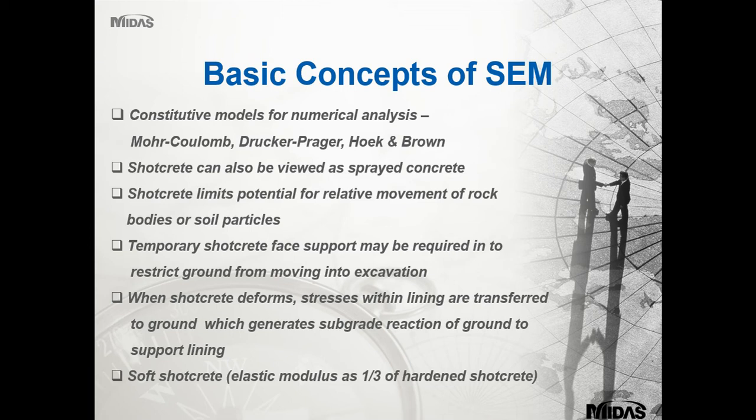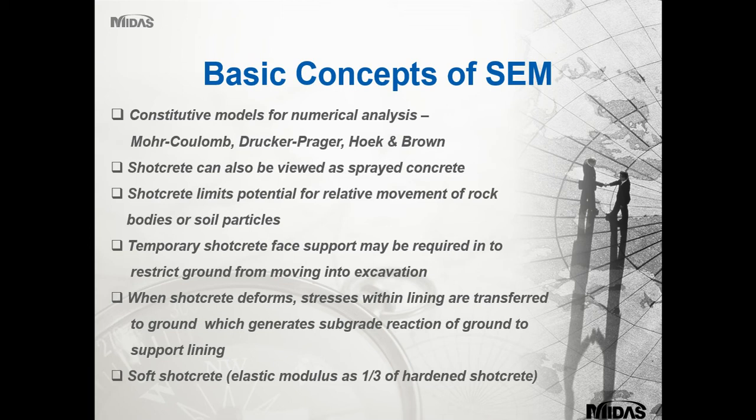We can do the shotcrete, which can also be viewed as sprayed concrete. So the shotcrete limits potential for relative movement of the rock bodies or the soil particles. So say if you've got soft ground or something like that, then shotcrete's ideal for this because it holds it back, and it also sets very quick as well, depending on the hardness you use and also the different types of reinforcement, such as plastic and also steel.